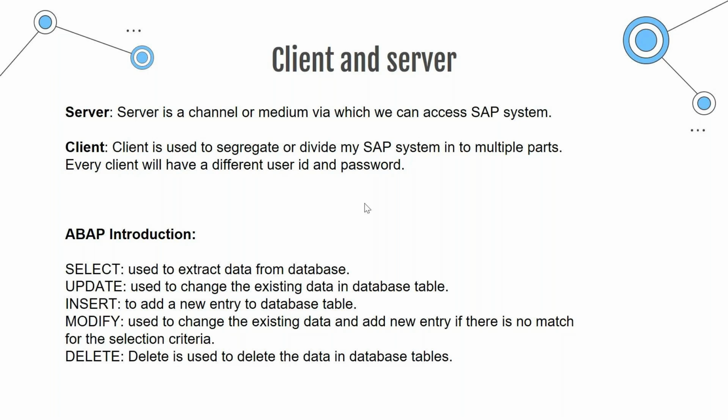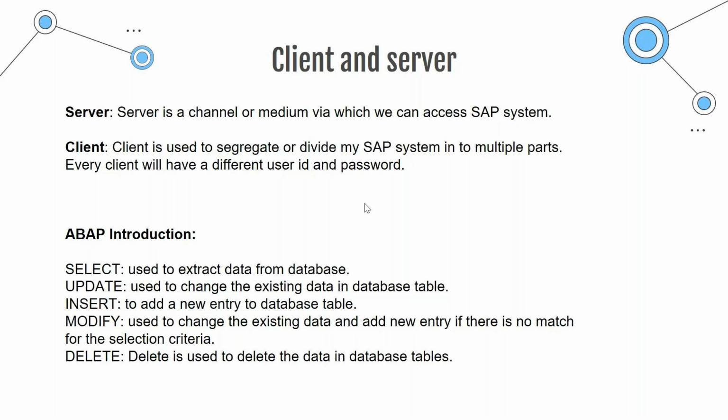But let's say I am not sure whether the employee is there in the system or not. Even if the employee is not there in the database, I still want to create the employee data and change the location at the same time. In this case, I'll use modify. If I'm pretty sure the employee is available and I only want to change the data, go with update.